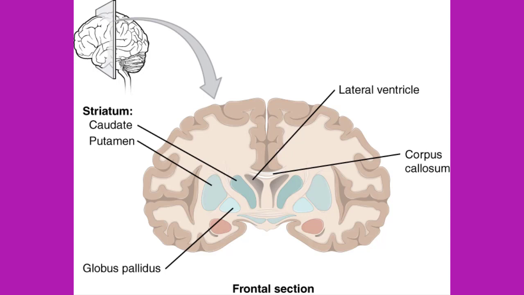Alzheimer's disease is associated with loss of neurons in the basal forebrain. The hippocampus and amygdala are medial temporal lobe structures that, along with the adjacent cortex, are involved in long-term memory formation and emotional responses.